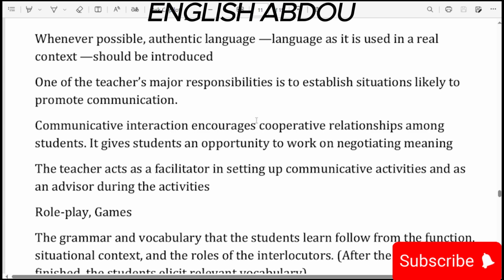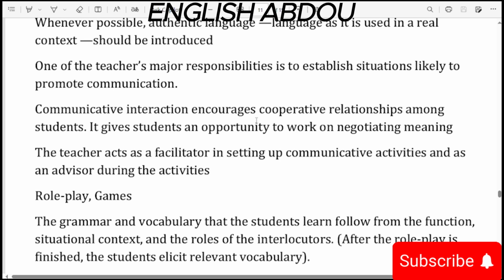As I told you, hotel reception. Communicative interaction encourages cooperative relationships among students.